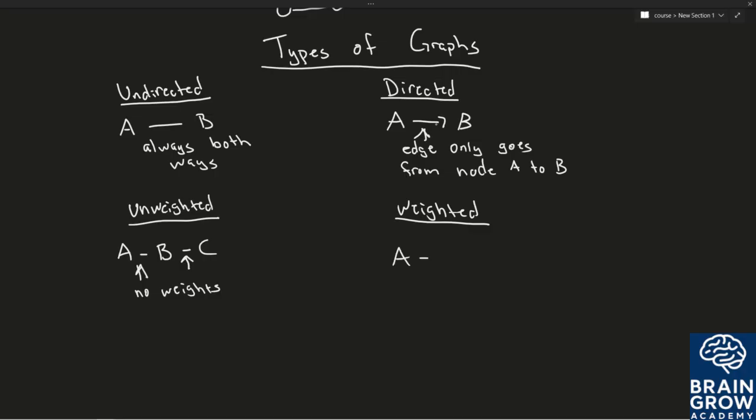If we have A, B, C, and this is still an undirected graph, we can have a weight of 5, and we can have a weight of 3. So from A to B, it's going to cost us 5, and from B to C, it'll cost us 3. An easy way to think of weights is as distance or time.